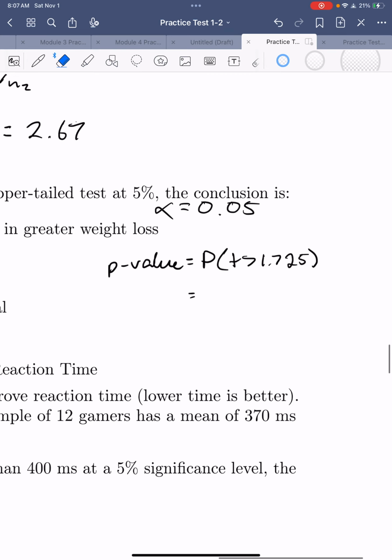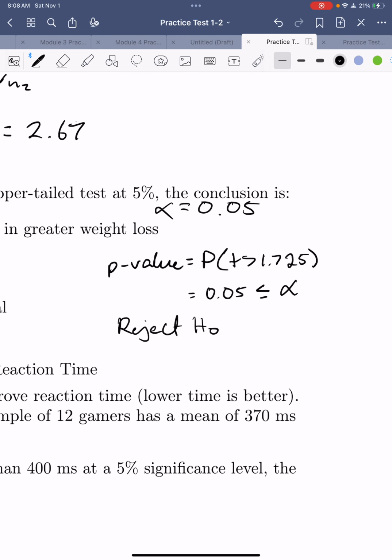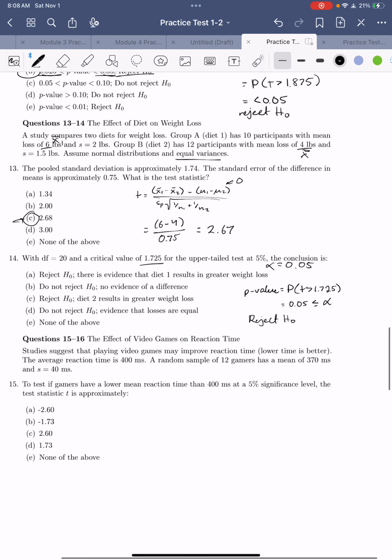So then we say our p-value is 0.05, and since it's less than or equal to our significance value, which is also 0.05, so it's equal, we can still reject our null hypothesis, and then we can say that we have evidence that our diet 1 results in a greater weight loss than diet 2.